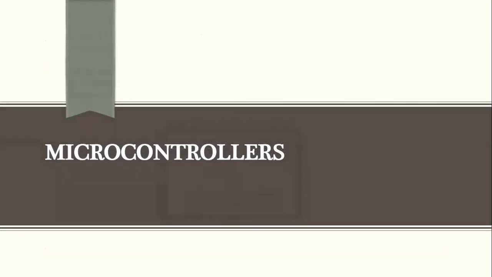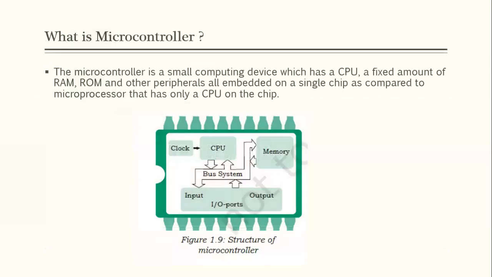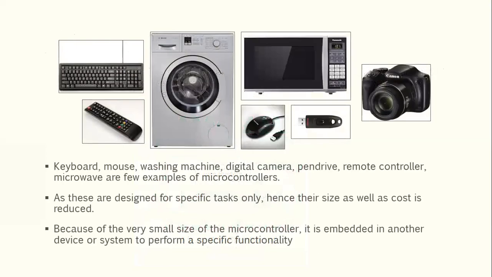Then microcontrollers. Microcontrollers are again small devices, but why are they different from microprocessors? Because this device also supports input and output devices in this chip. So in this chip, there is RAM, ROM, CPU, clock, system bus, input, output, everything in this small little chip, all on one chip, and that's called a microcontroller.